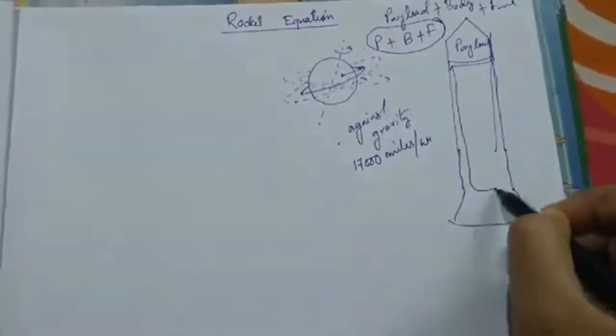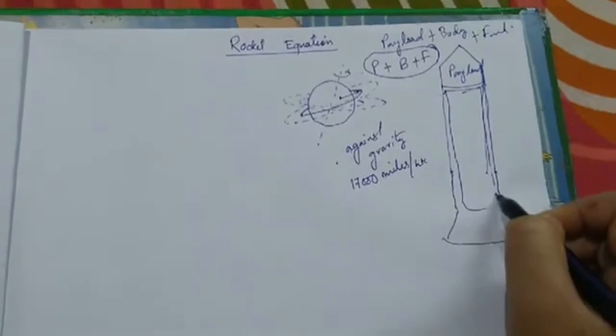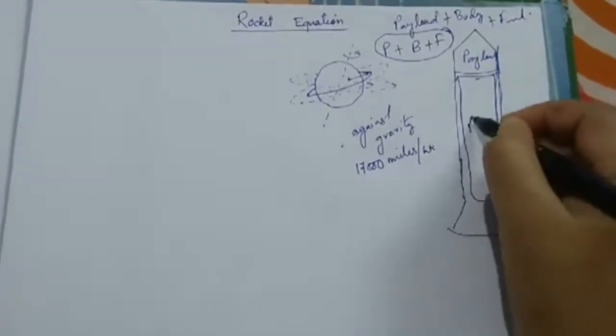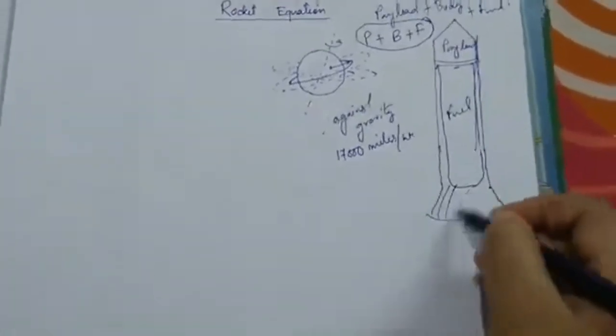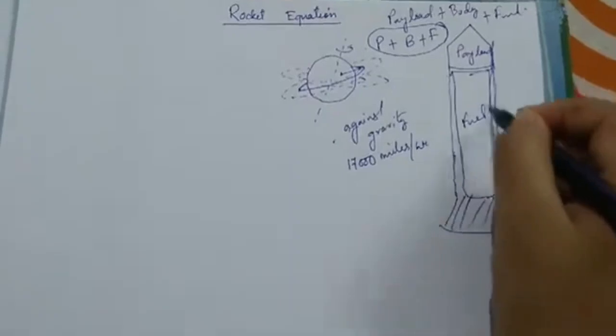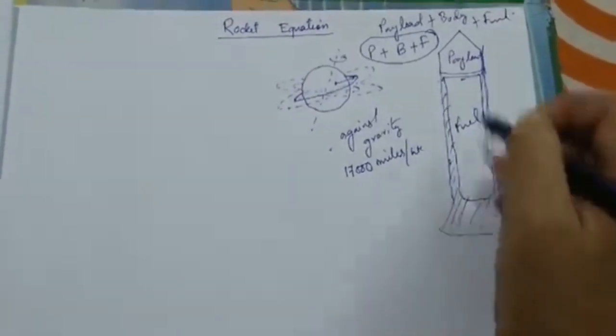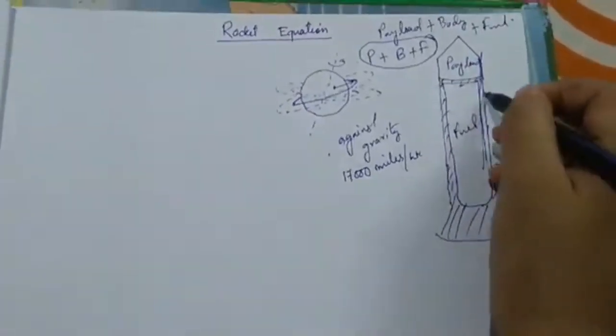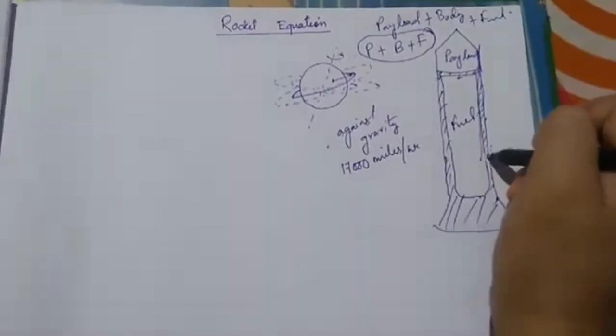So there is a fuel inside the rocket also. This is the fuel, and this is the body of the rocket. I'm just giving an idea, don't take this diagram very seriously. This is just a representation.